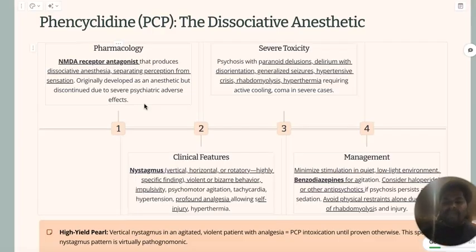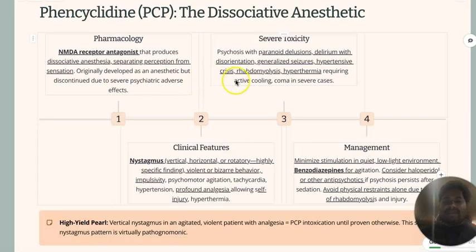Now the toxicity is that if the person takes this, then he may develop paranoid delusion, delirium with disorientation.